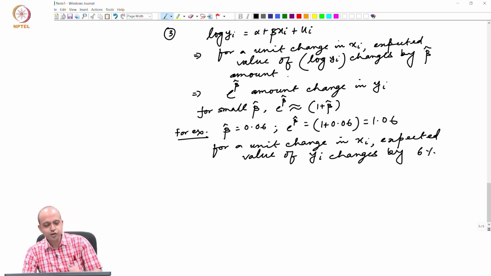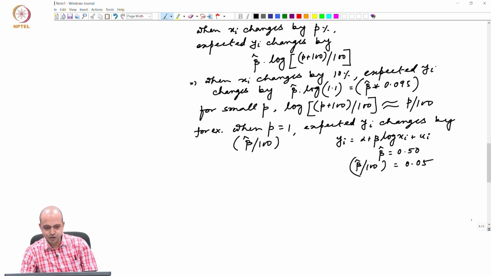So, when beta hat equals 0.06 in this type of log linear model, when xi changes by 1 unit, your yi will change by 6%.